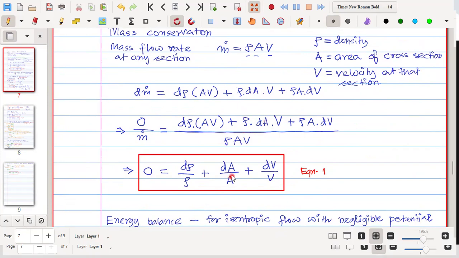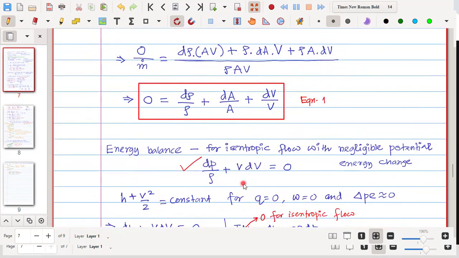And in this term it will be dV by V, because rho A and rho A will cancel. Clear? So this gives you a differential equation containing d rho, dA and dV.